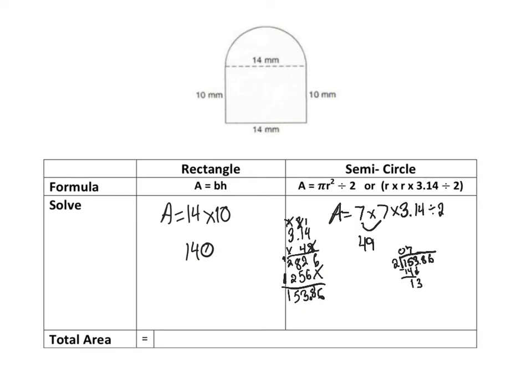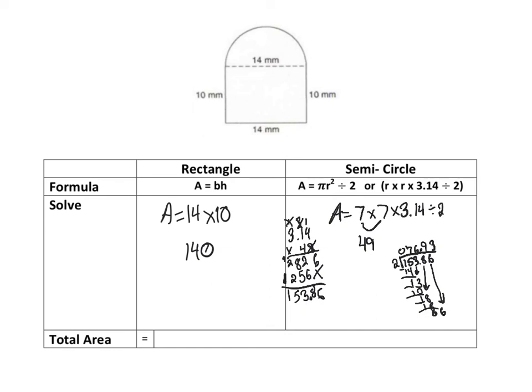Bring down the 3. 2 goes into 13 6 times. That's 12. 1 left over. Bring up the decimal. Bring down the 8. 2 goes into 18 9 times. That is 18. Get 0 left over. Bring down the 6. 2 goes into 6 3 times. So the area of the semicircle is 76.93 millimeters.